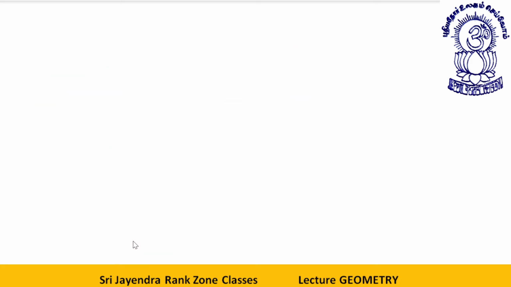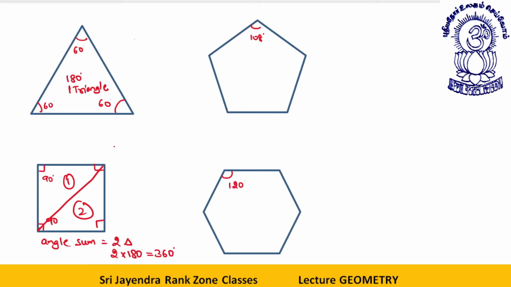I hope so far everything is clear to all of you. The number of triangles determines the angle sum. If I talk about this, how many triangles does this figure have? I start from one vertex only. This is one triangle, this is the second triangle, this is the third triangle.